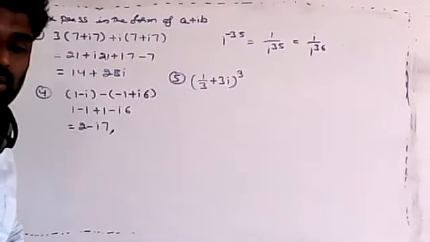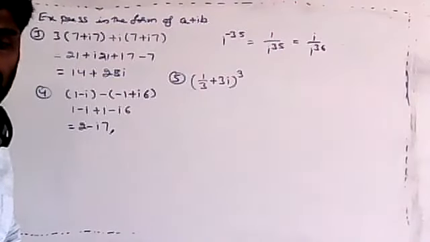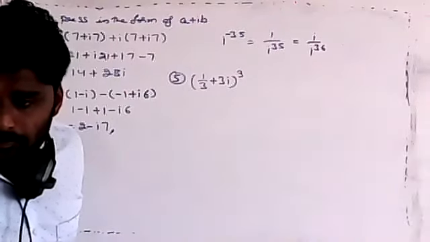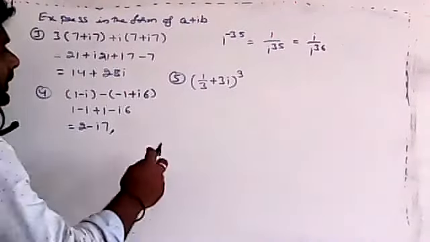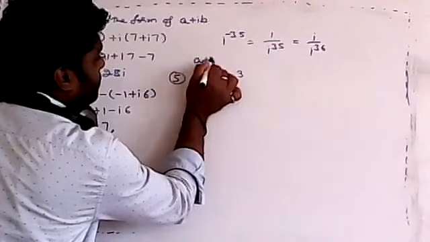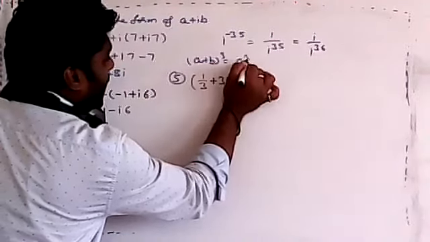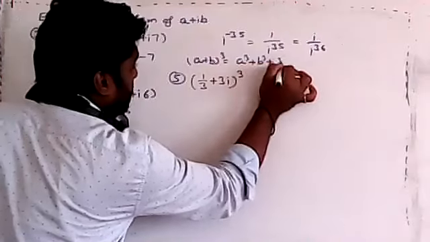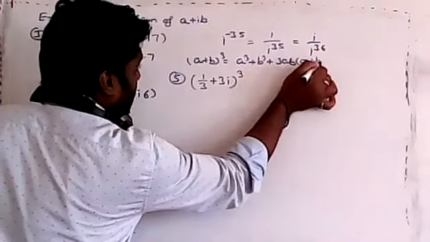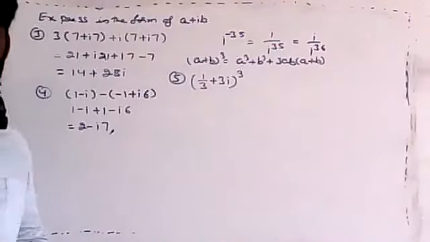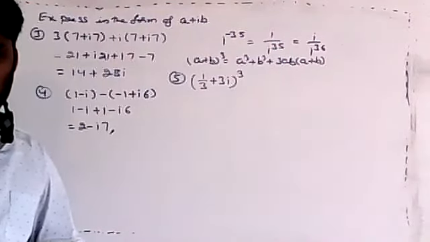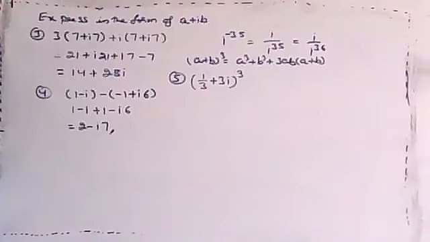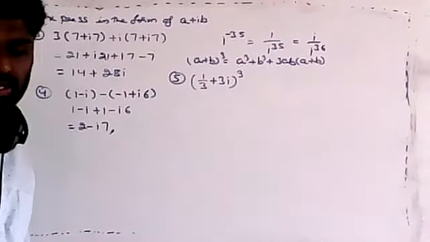What is the a plus b whole cube formula? That is a cube plus b cube plus 3ab into a plus b. Correct, no? Just apply that one and tell me the answer.